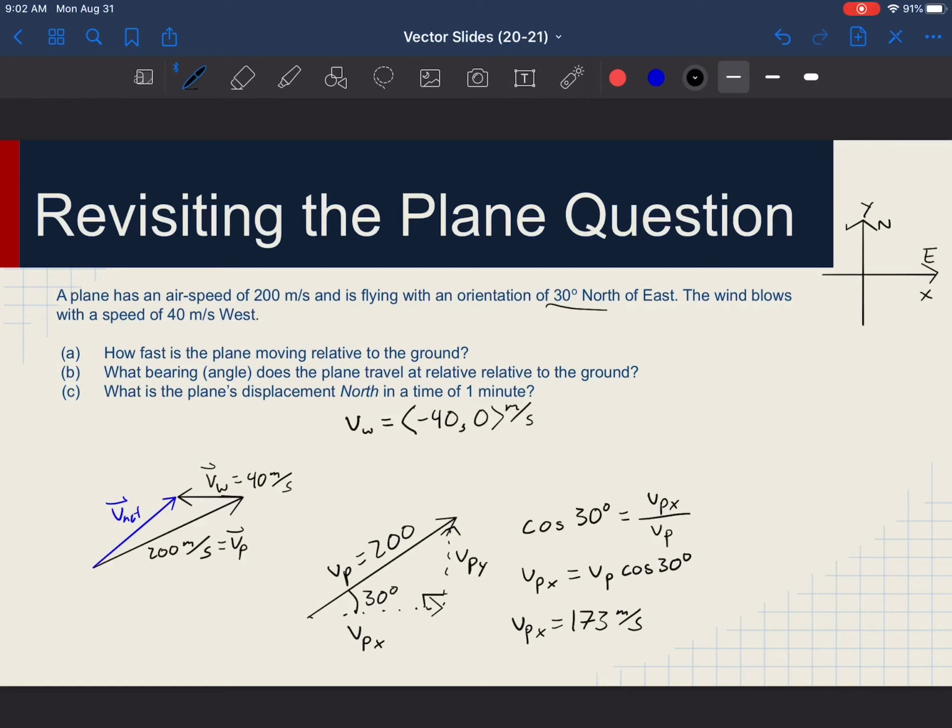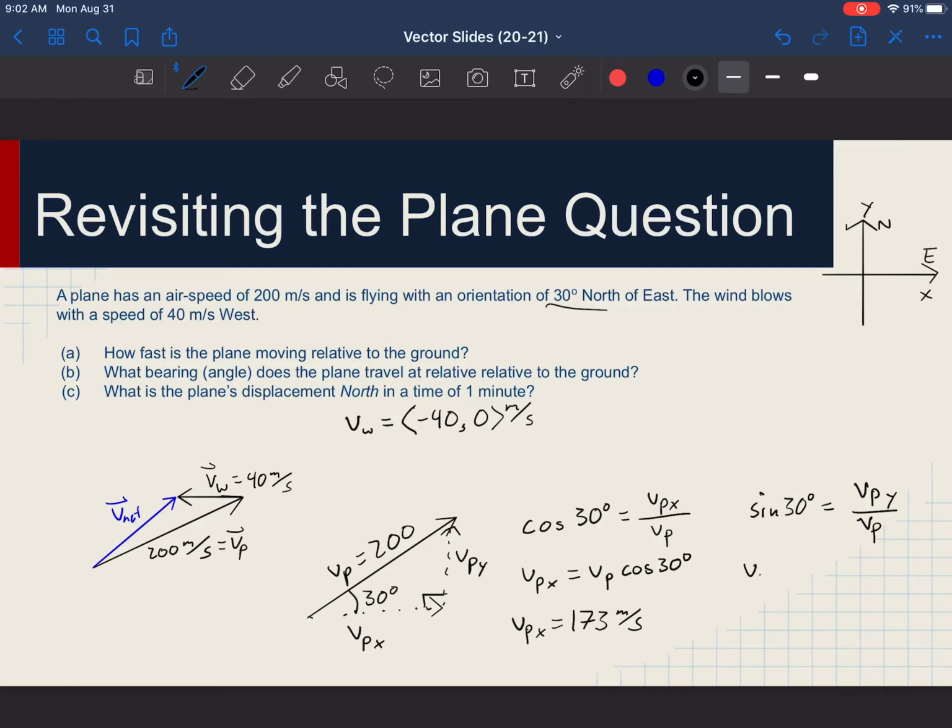And then for VPY, this is the opposite side, so let's use opposite over hypotenuse. Sine of theta is this over this. Sine of 30 degrees is equal to opposite, which is VPY, over hypotenuse, which is VP.